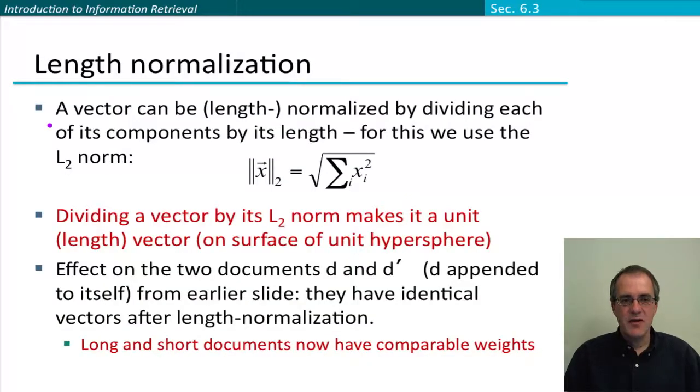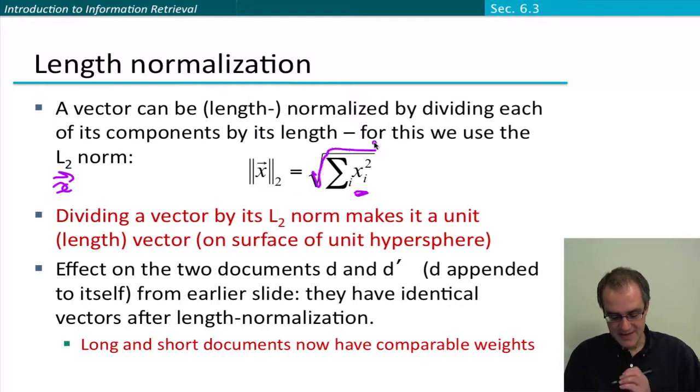So the starting point is getting an idea of the length of a vector and how to normalize the length of a vector. For any vector x, we can work out the length of the vector by summing up each of its components squared and then taking the square root around the outside.